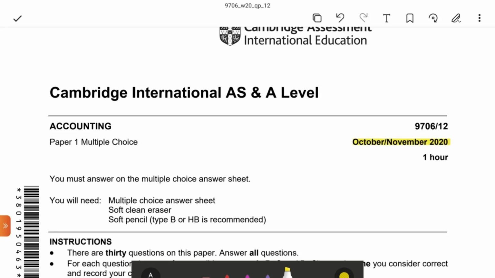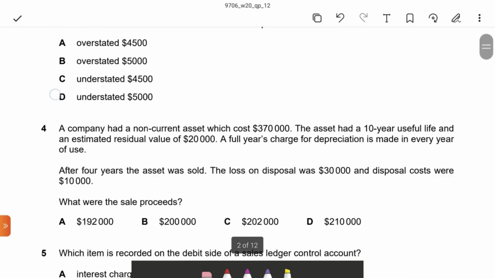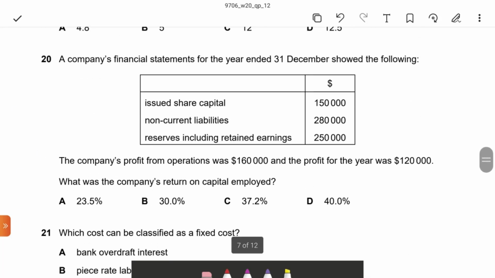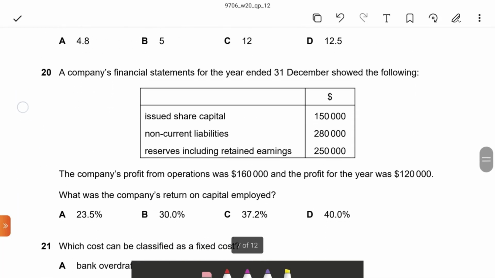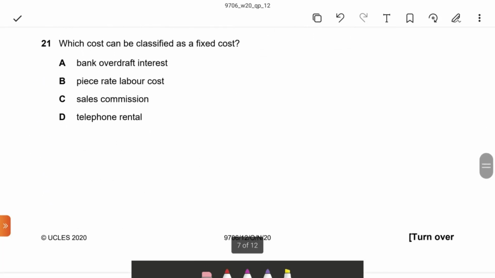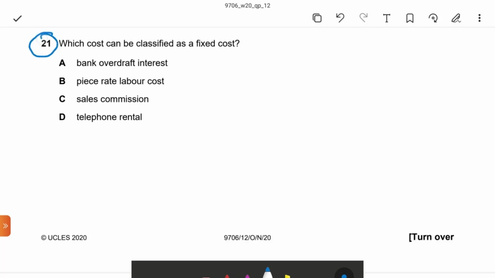October-November 2022, paper 12. The last part we are going to do today. Question number 21. Which cost can be classified as fixed cost? Fixed cost means the cost which will not change.